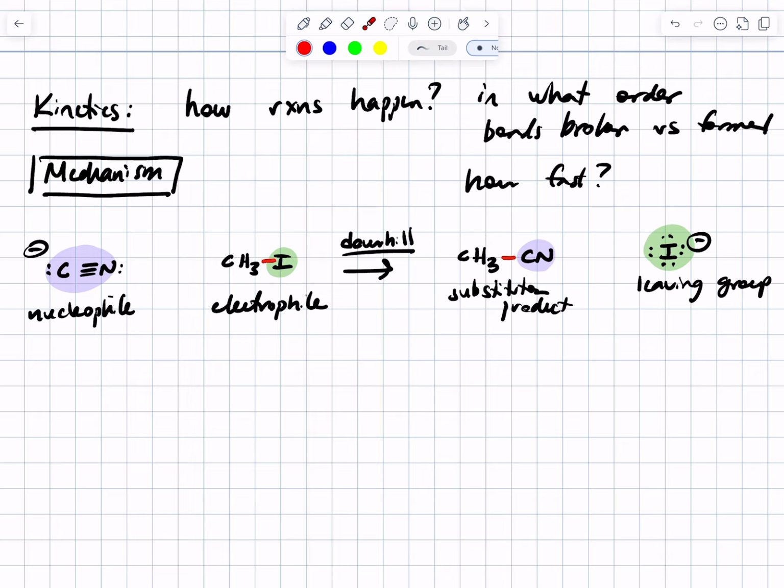Now, that's an issue of thermodynamics, but we want to know in what order do we make and break the bonds. In other words, do we make the C-CN bond first and then break the C-I bond? Do we break the C-I bond first and then make the C-CN bond? Or do both things happen sort of at the same time?